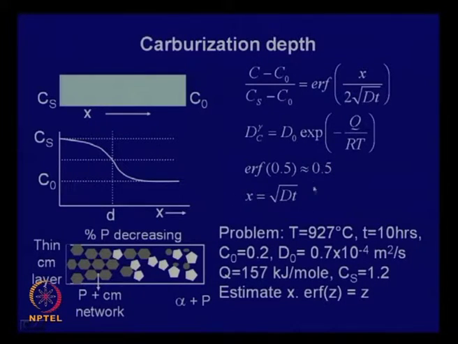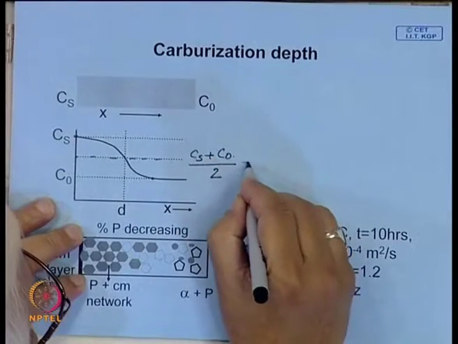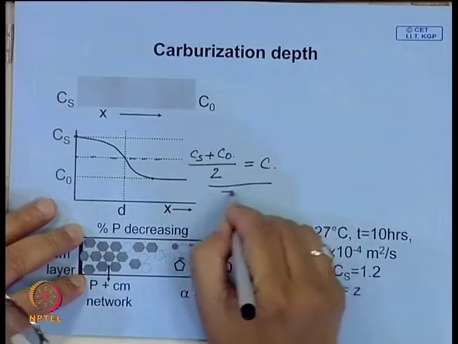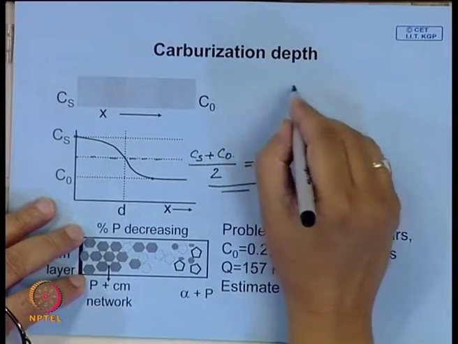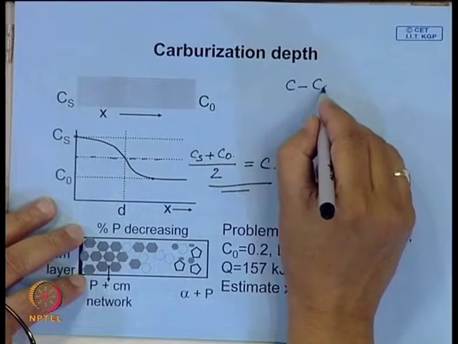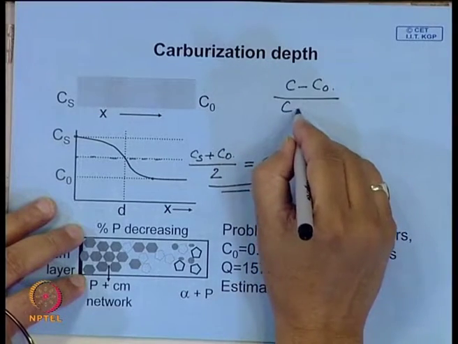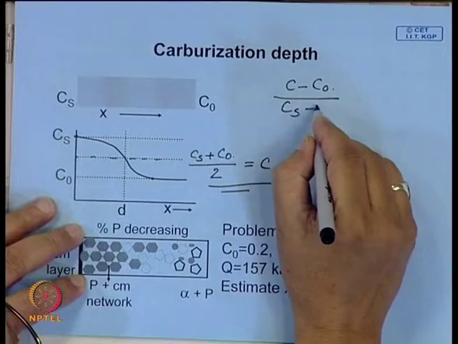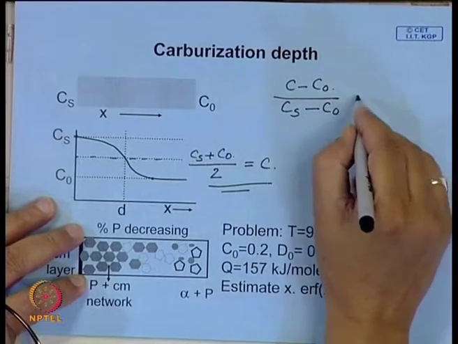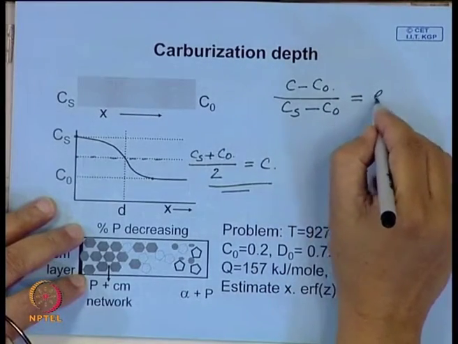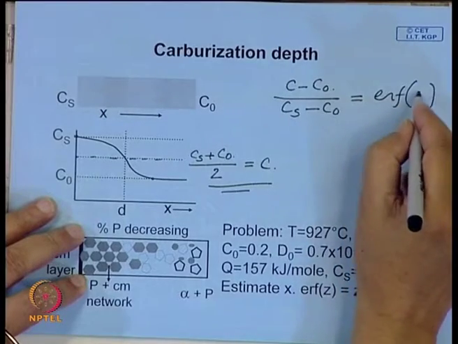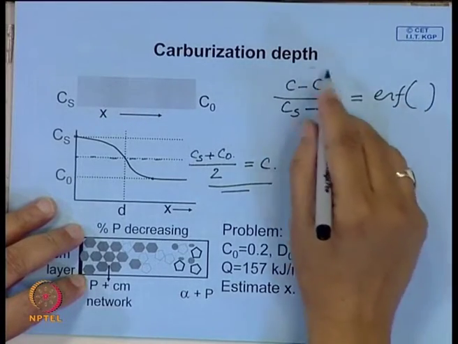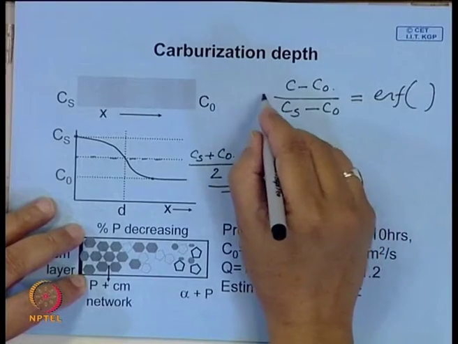If you put C as C, as I have explained, you equate it to C and substitute in that equation for C minus C naught here, in this error function, then you will find that this comes out to be 0.5.